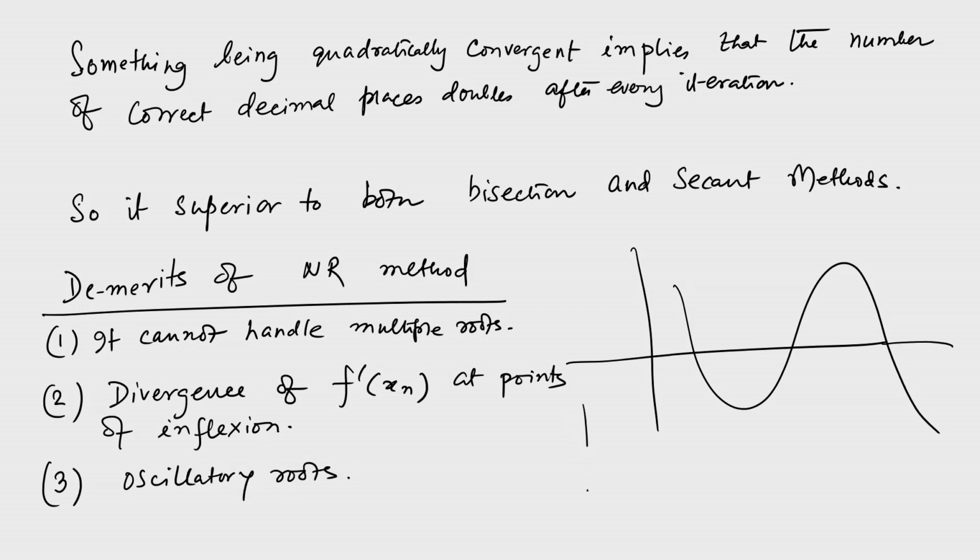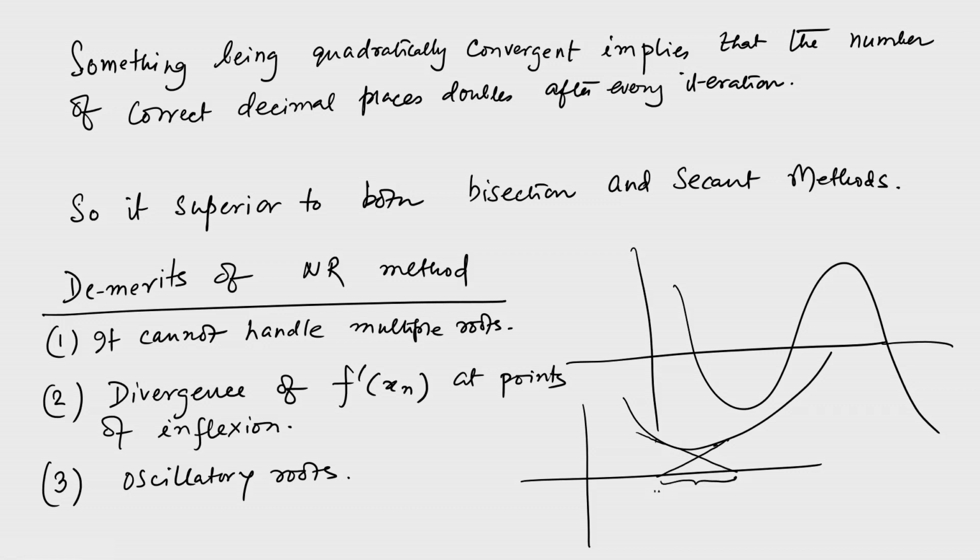That is, if you have a situation which has a value like this, then a guess value here would give a slope here, and then you have to consider this point where it touches, and then you will get a slope which is here. So, here the roots actually oscillate.